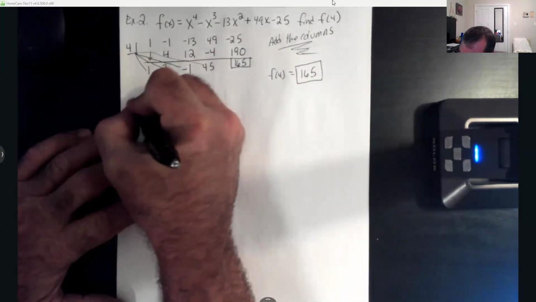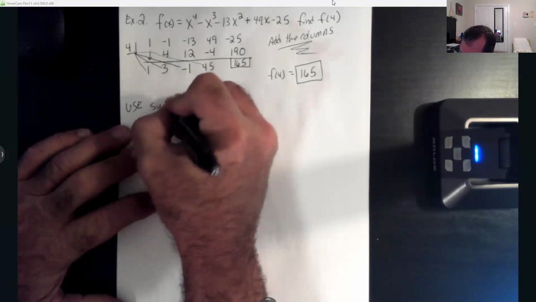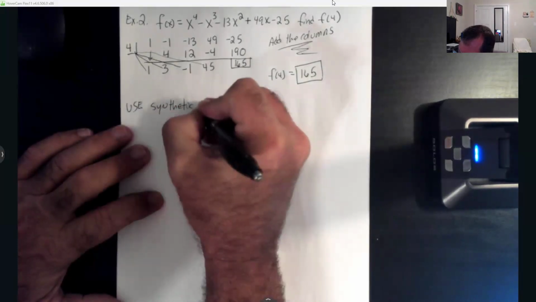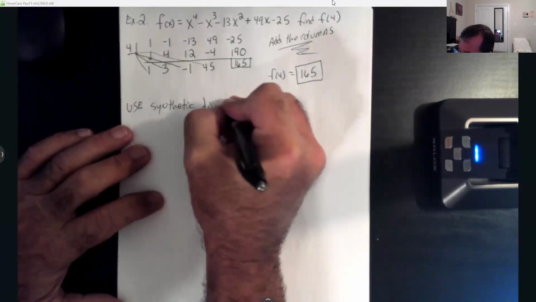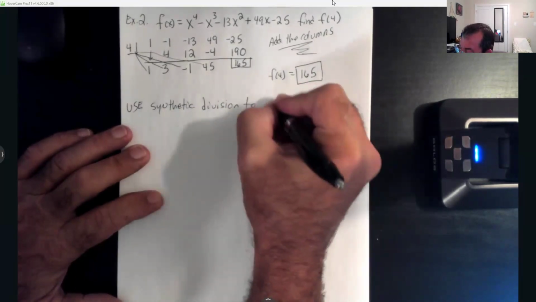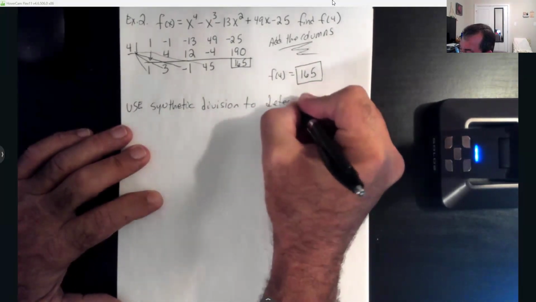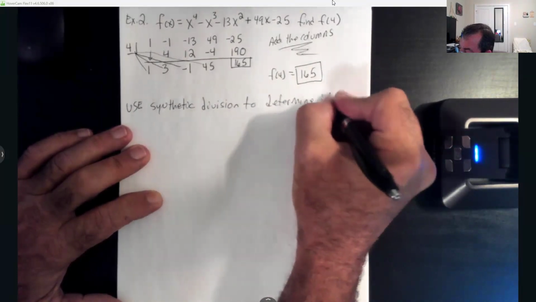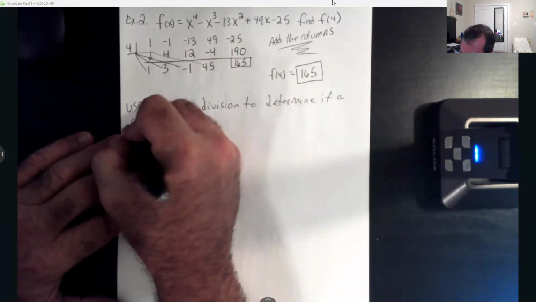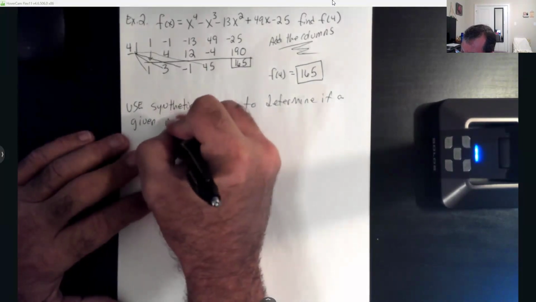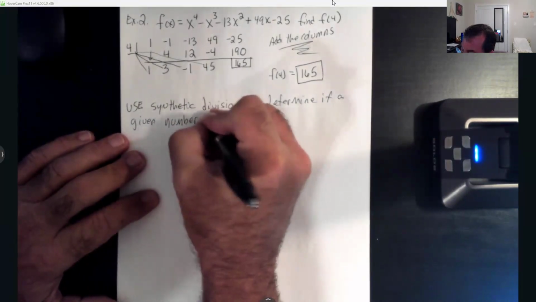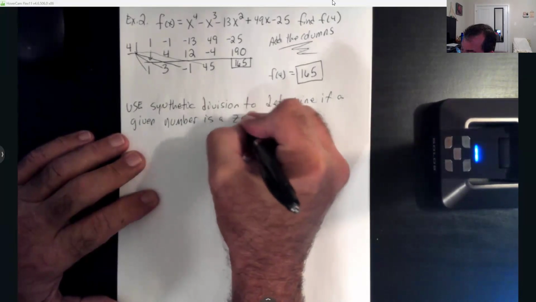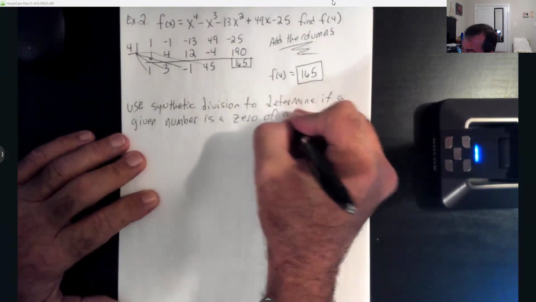Next, we're going to use synthetic division to determine if a given number is a zero of a polynomial.